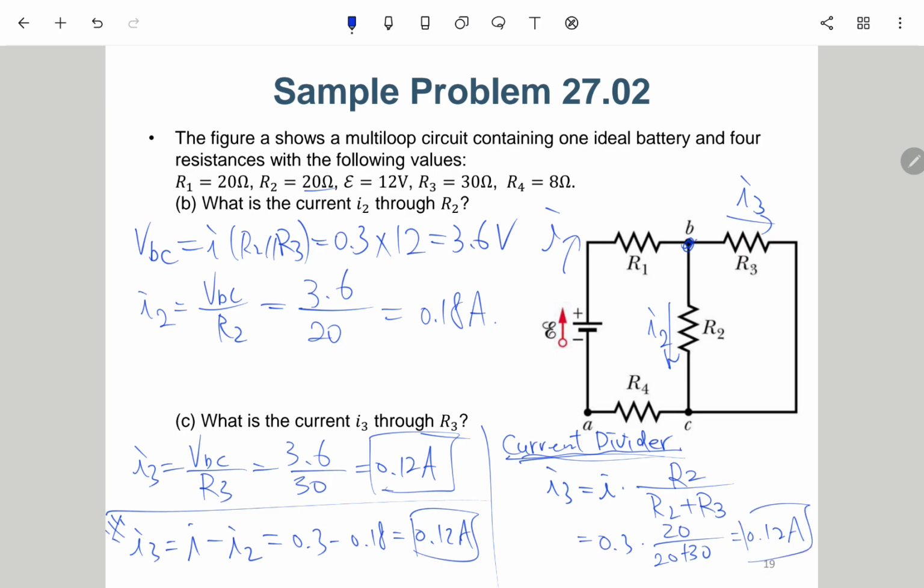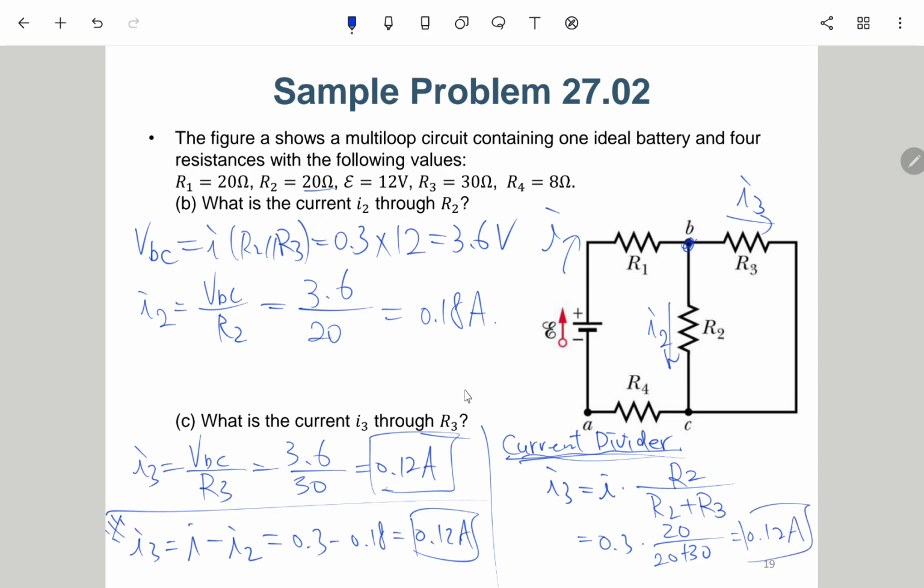0.12. The idea here is that if the resistance is larger, then the current will be smaller. If the resistance is smaller, the current will be larger. So in such a way, if there are two resistors in parallel, similarly you can also have I2 equals I times R3 over R2 plus R3.